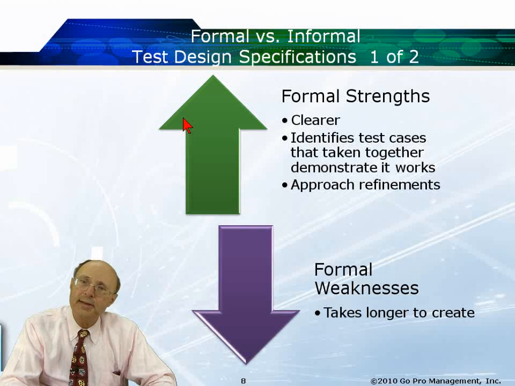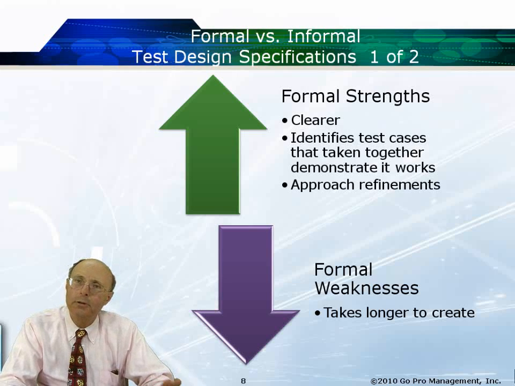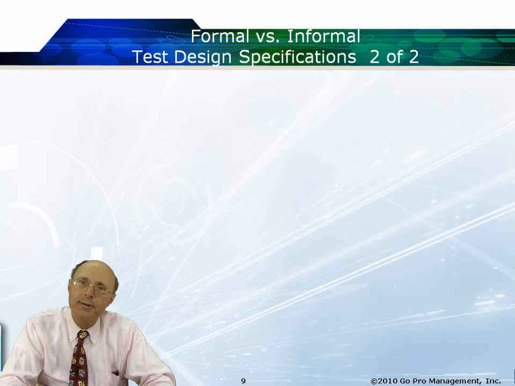Weaknesses, it's going to take longer to write. It can get cumbersome. Okay? And for some people, that's a deal breaker. So the formal test design specifications have strengths and weaknesses.